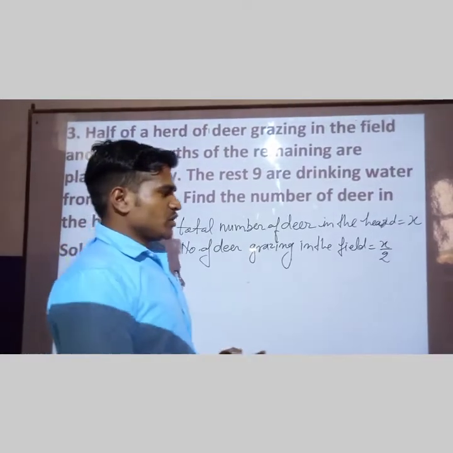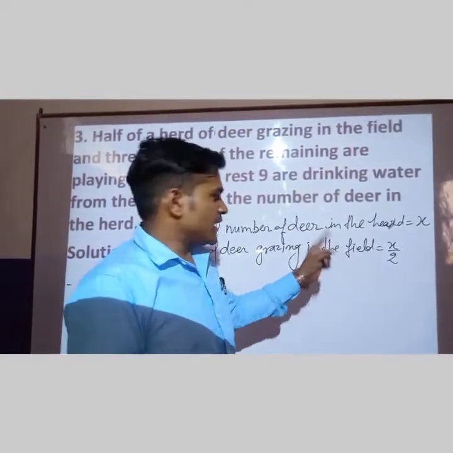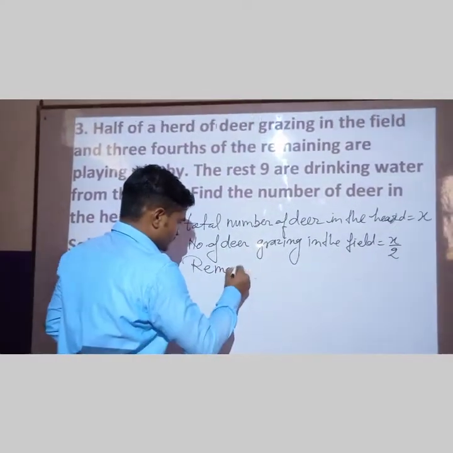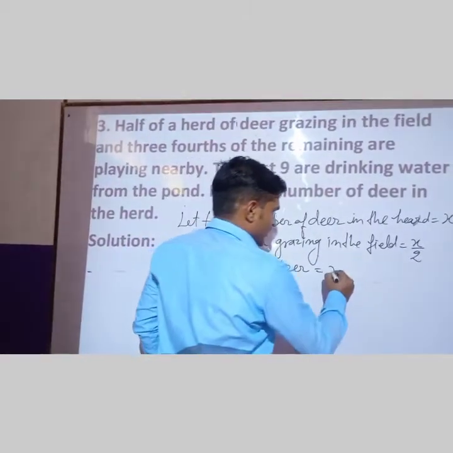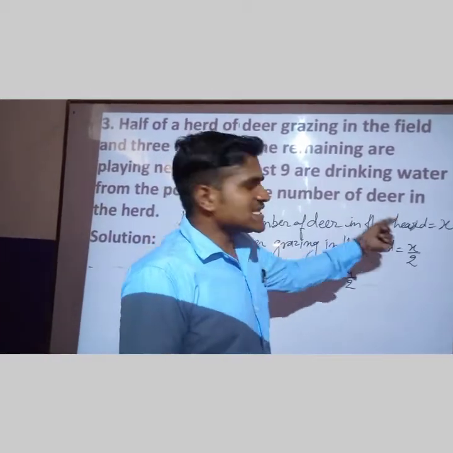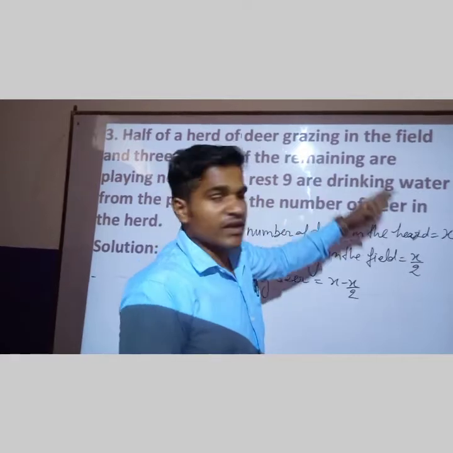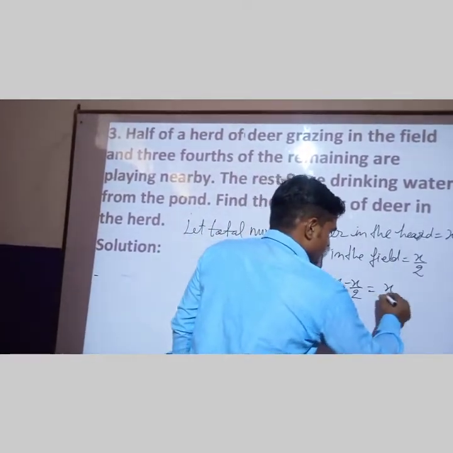If x upon 2 are grazing in the field, how many are remaining? x minus x upon 2. Remaining deer is equal to x minus x upon 2, because the total number of deer is considered x and x upon 2 are grazing in the field. So the remaining will be x minus x upon 2, that is x upon 2.